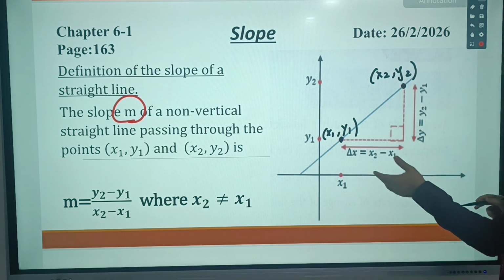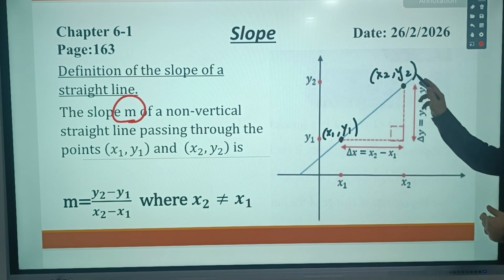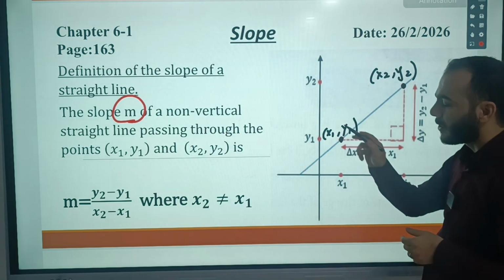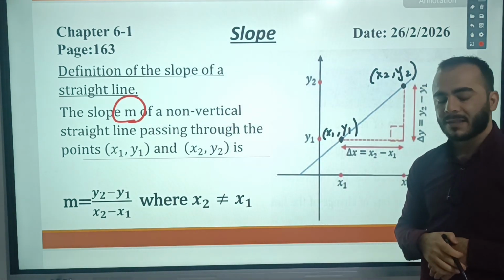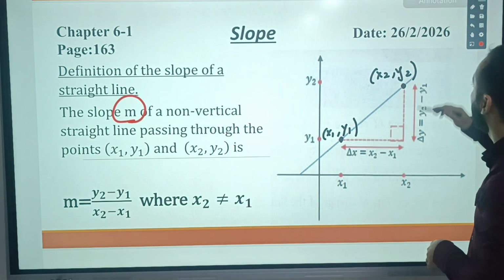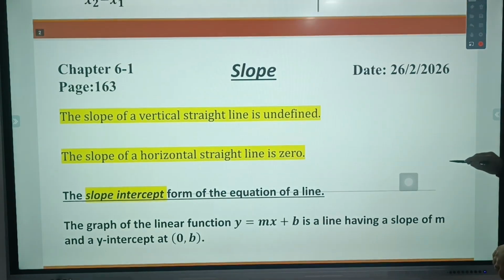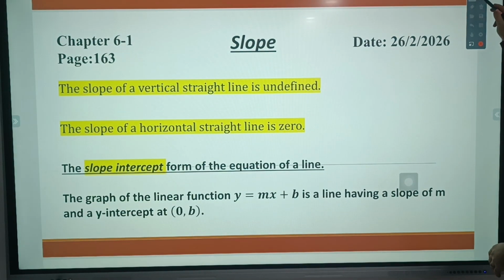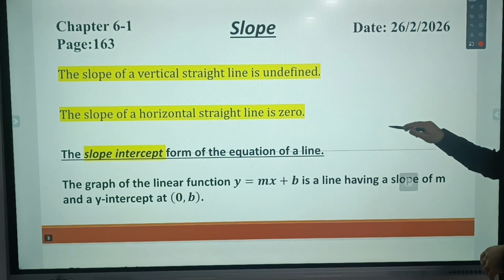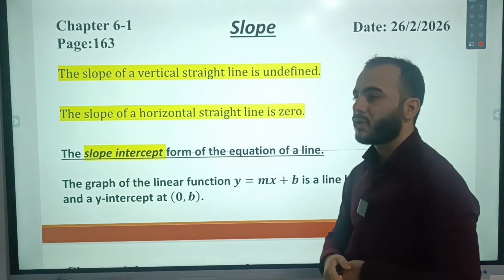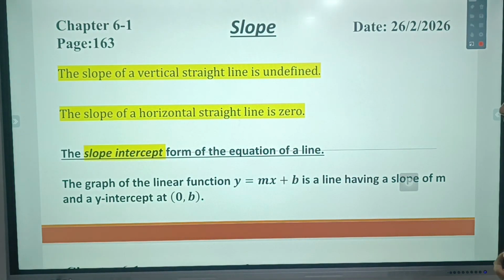Therefore, by using the formula of slope, which is y2 minus y1 over x2 minus x1, we can easily get the slope of it. Let's go through some questions, then I'm pretty sure it's going to be clear. But before going to the questions, it is better to study the slope-intercept form of a line as well.